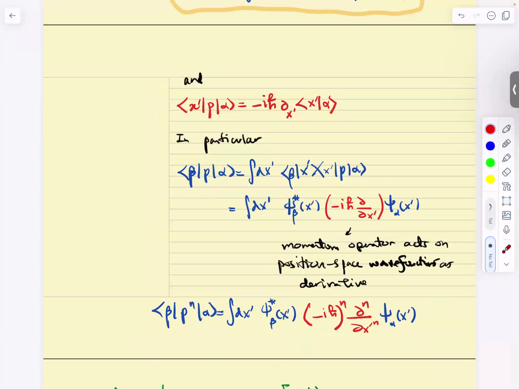Okay. So now, based on what I've told you, tell me the following thing. What's the position space representation of this unitary operator? Tell me what the position space representation is.